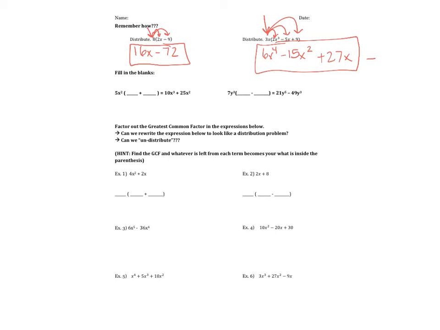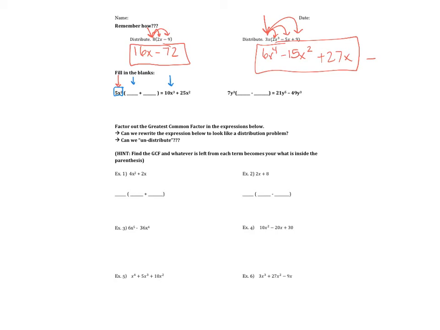Okay, so now we're going to have to fill in the blank. Our greatest common factor was already taken out. So in this case, my greatest common factor was 5x squared. What we need to do is see what's left of 10x cubed that needs to go into that blank.